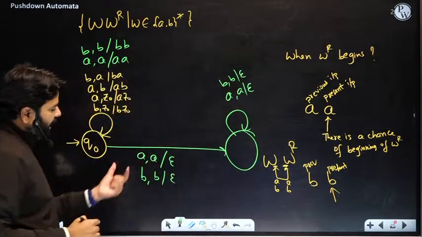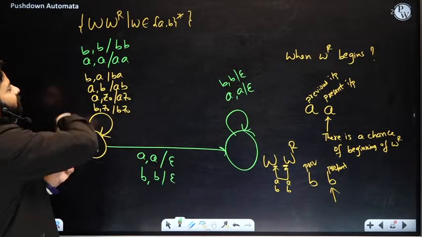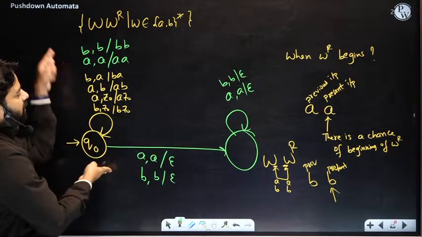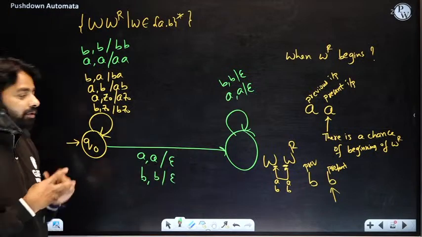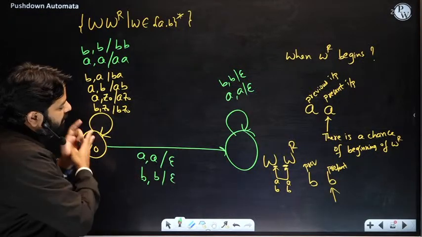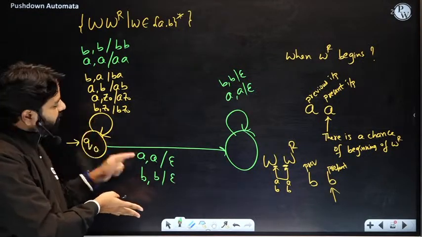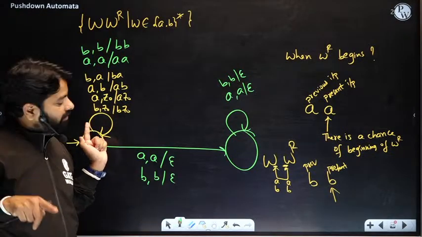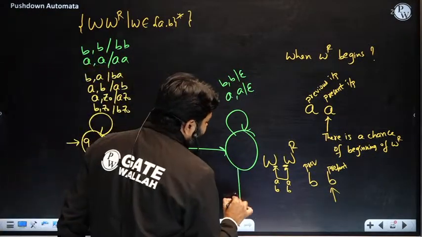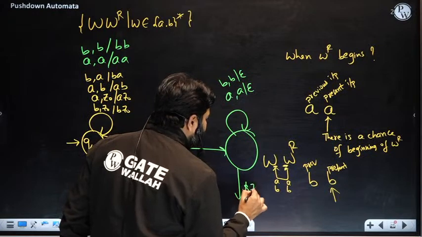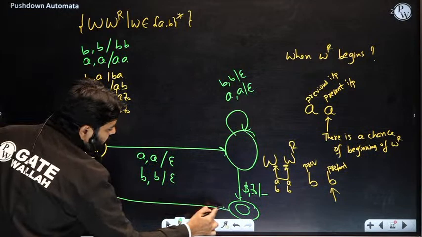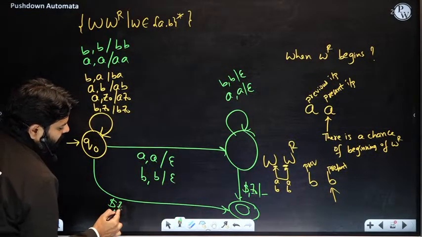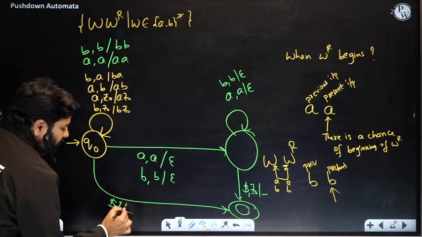That's why, see, A comma A, we did not take one transition, we have taken two transitions, either this path or this path. If it is this path, we'll continue W. If this path, reverse begins. But we don't know whether reverse begins or not. That's why we take non-deterministic. One of the paths will lead to success if the string is valid. And at the end, dollar comma Z naught will go to final. If you really want to accept epsilon, dollar comma Z naught should come on this path also, to accept only epsilon.